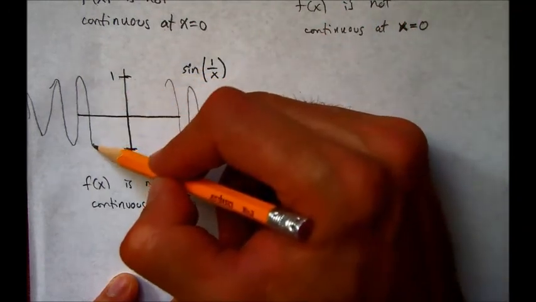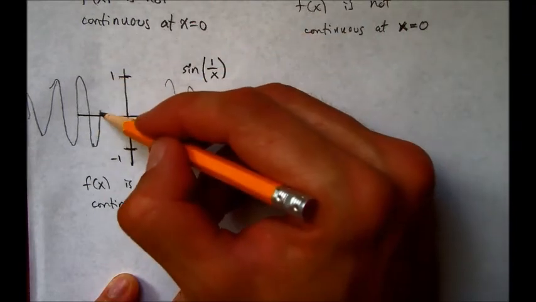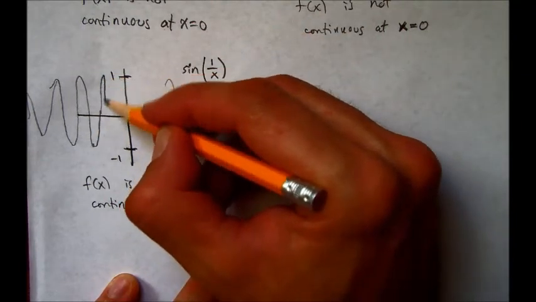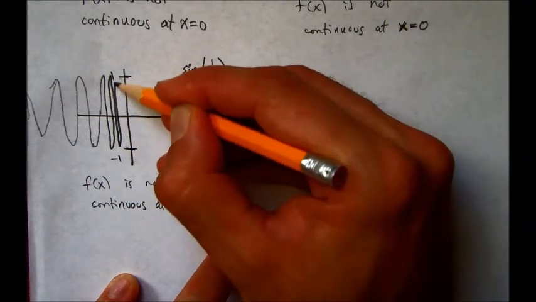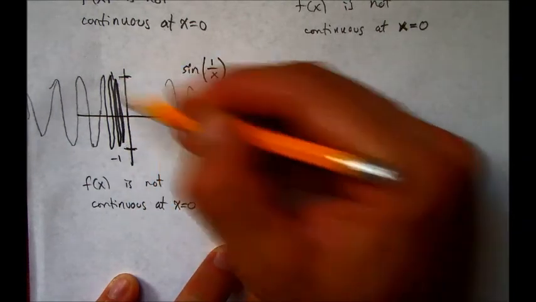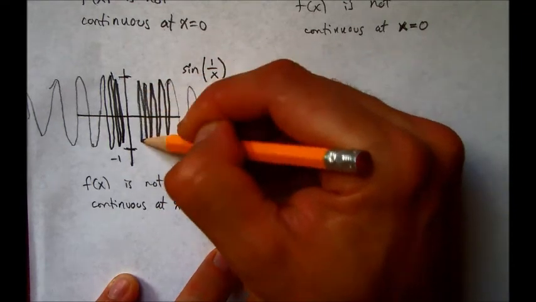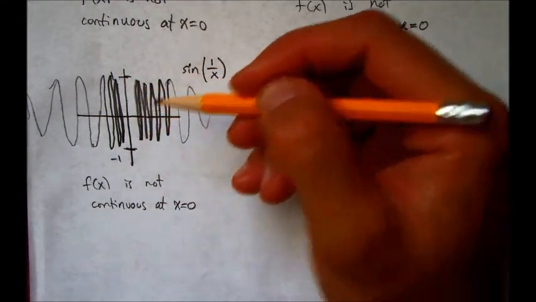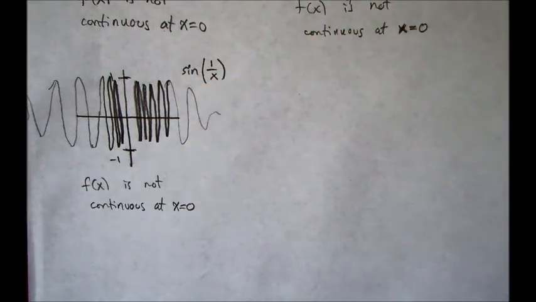So what happens in here? Well, basically, the function starts to lose period. Same thing from this side. I mean, it maintains that idea of wiggling back and forth, but it doesn't actually meet in the middle.